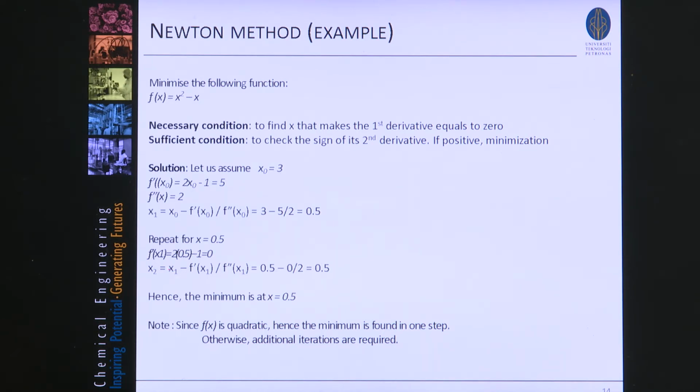And then x1 is a half. Half minus 0 divided by 2 is also a half. So this half is the same as that half. So here we can just stop the iteration. So we have converged. That means at x equals a half, we have an optimum value.